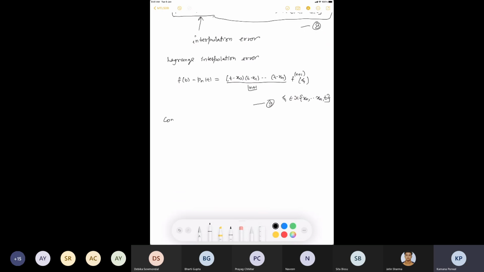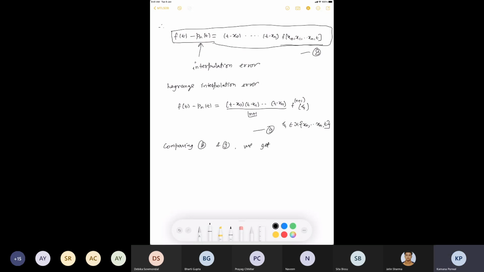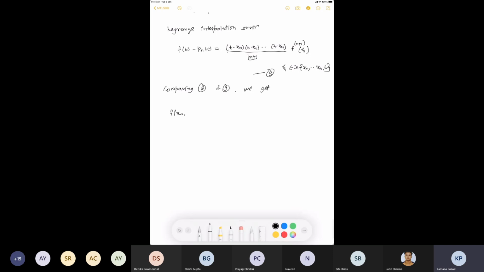If we compare 8 and 9, we obtain that this term, which is f[x0, x1, ..., xn, t], is going to be the same as the (n+1)th derivative of f evaluated at some xi divided by factorial (n+1), for some xi in the smallest interval containing x0 up to xn and t.